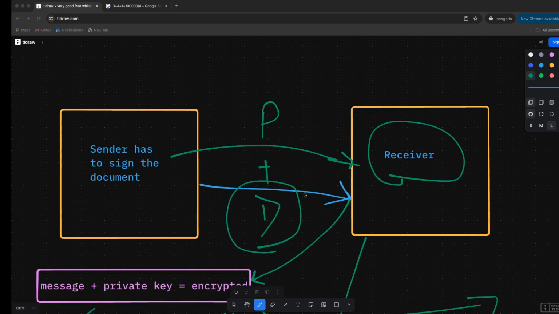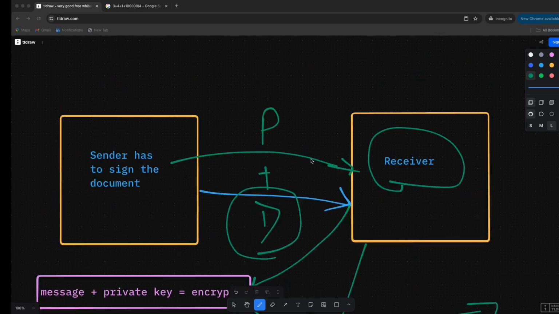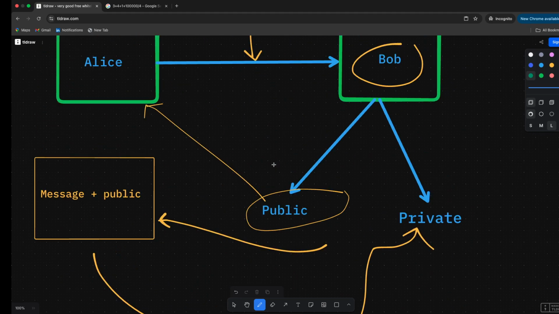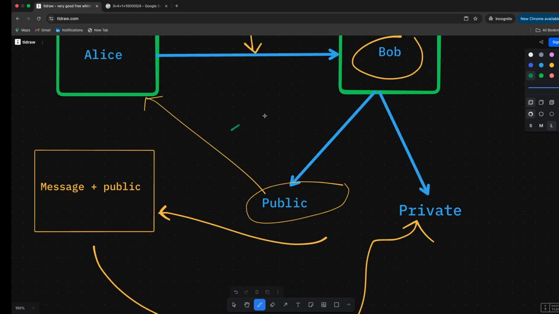One thing is if the private key is exposed by the receiver, then that is an issue, right? Yeah, this is still prone because here we are nowhere identifying that this is my intended user, right? There is no way to check.